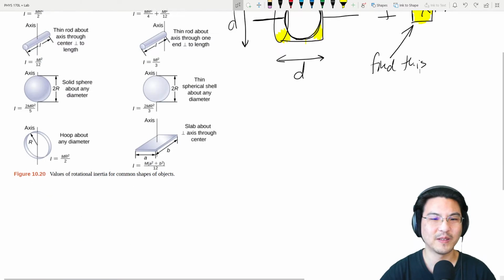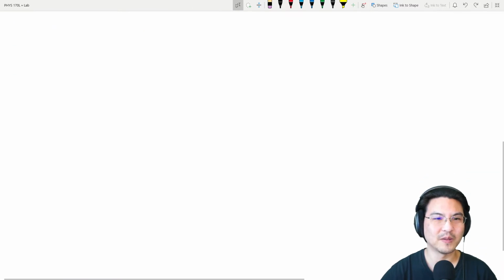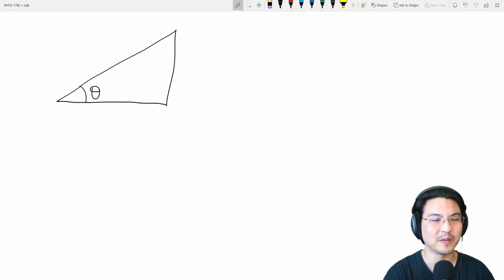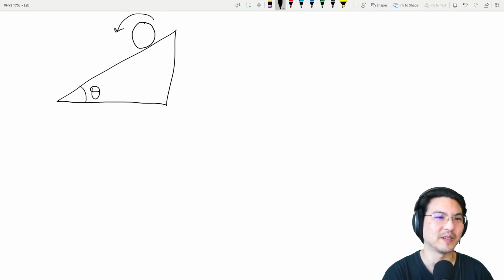Okay, now let's get to the actual setup. If you had a ramp at some angle, you need to know that angle. And then whatever round object you sent rolling down the ramp, let's draw the free body diagram.